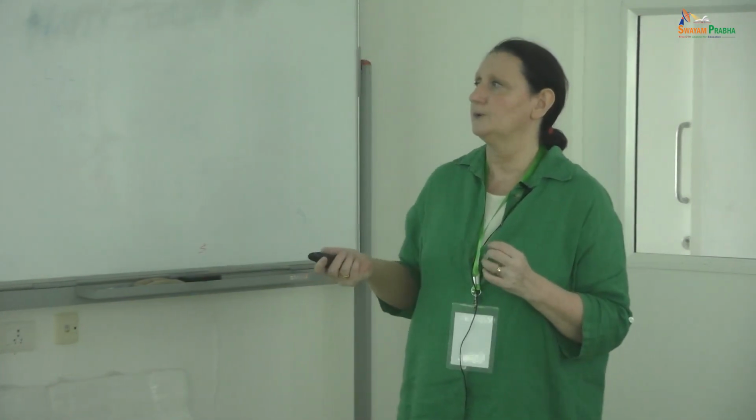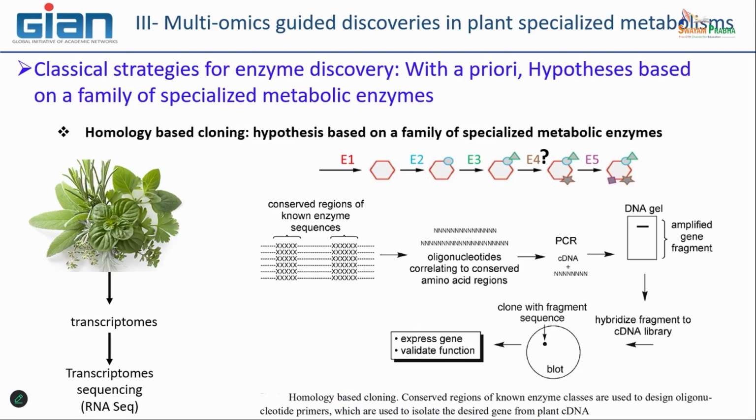These short sequences are very interesting because they can be used to design specific oligonucleotides that can be used to perform PCR, polymerase chain reaction, in order to amplify, in your own cDNA library that comes from transcriptome analysis, genes that have this type of conserved sequence of the enzyme family.